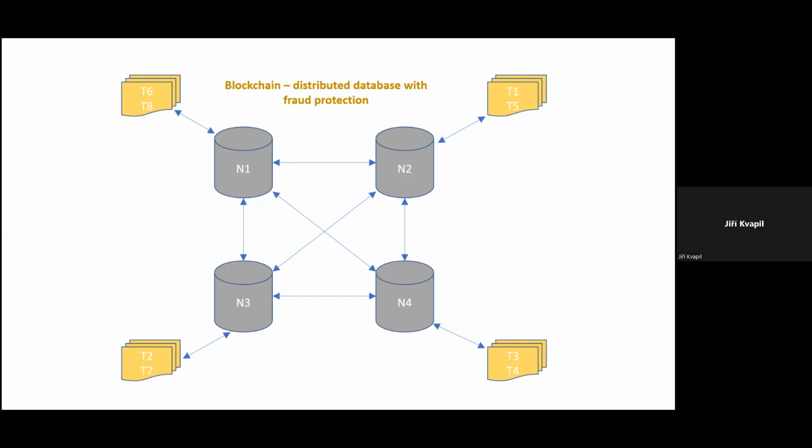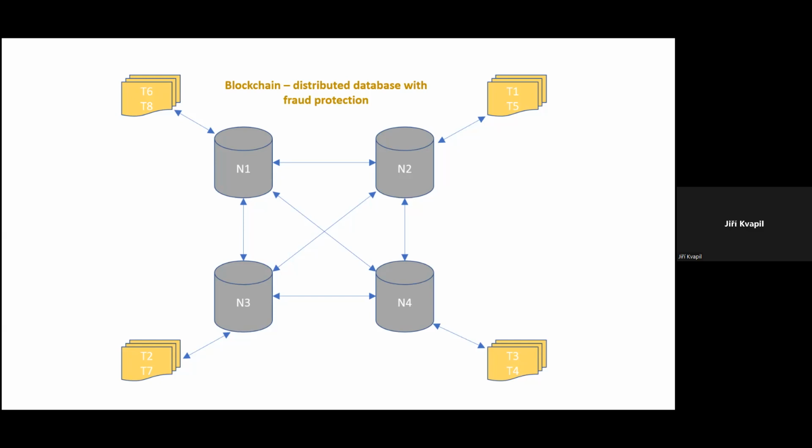So here in this case, I have different nodes. You maybe know that there's not a single point where all the transactions of the blockchain are stored. For example, all these cryptocurrencies are distributed among many peers, many users, and all these users are called nodes.